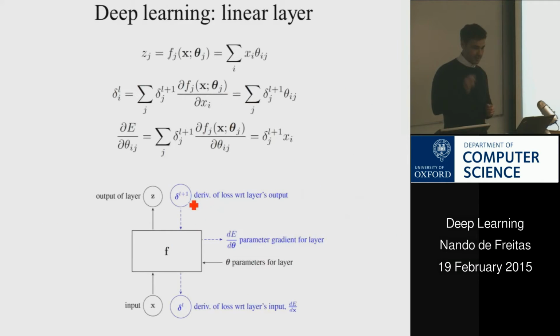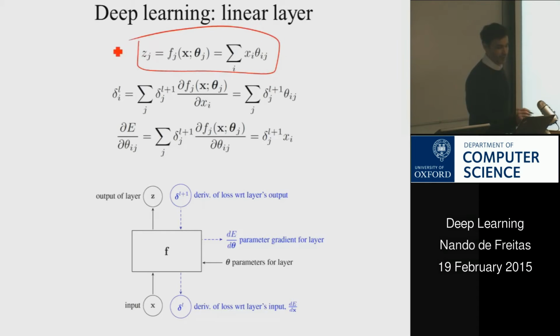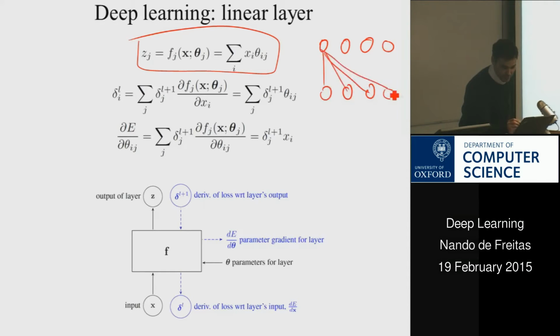So let's look at some examples. If your neural network is essentially a linear model, like linear regression, you have several inputs, and each neuron multiplies the inputs x1i, x2i, x3i, all the way up to xdi.